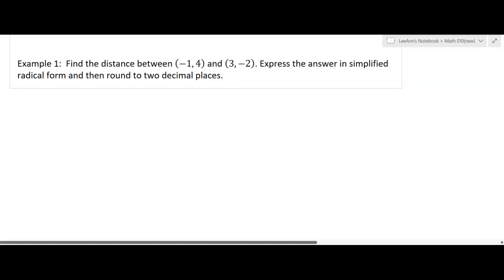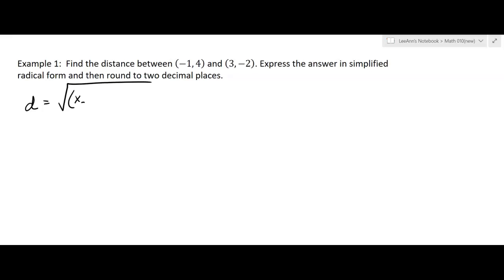So it says find the distance between -1, 4 and 3, -2. Express the answer in simplified radical form and then round to 2 decimal places. So we're going to pull out the distance formula that we just created. So here it is.